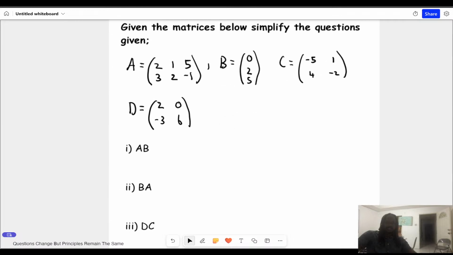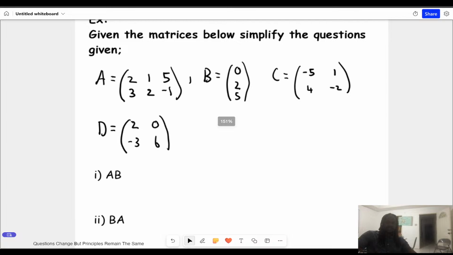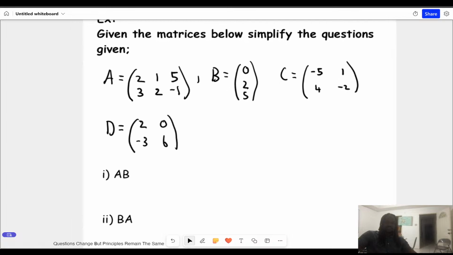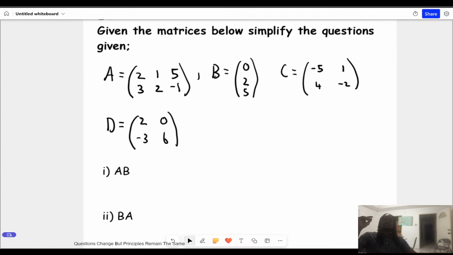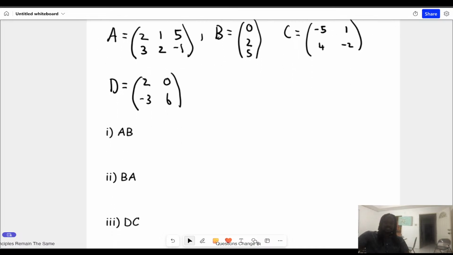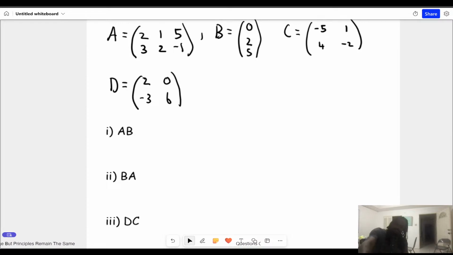A is 2 1 5 3 2 negative 1, B is 0 2 5, C is negative 5 1 4 negative 2, D is 2 0 negative 3 6. So the first one here, AB.